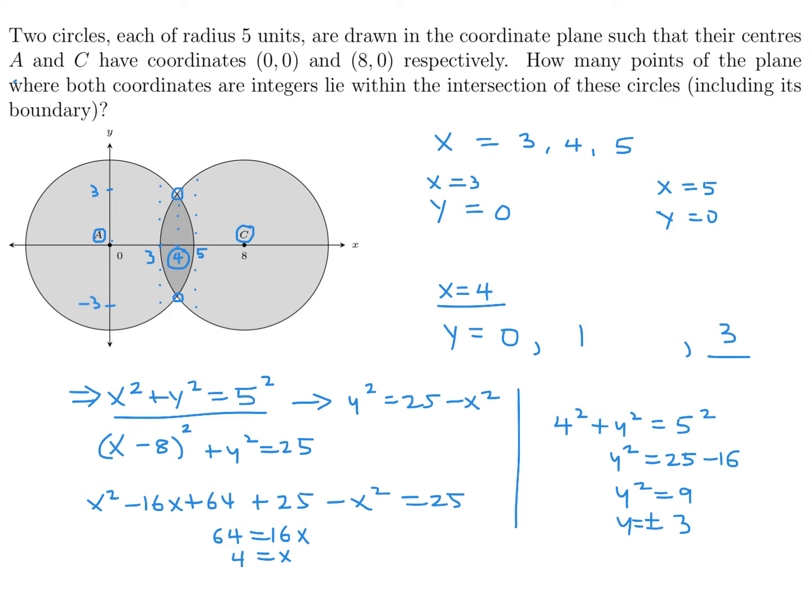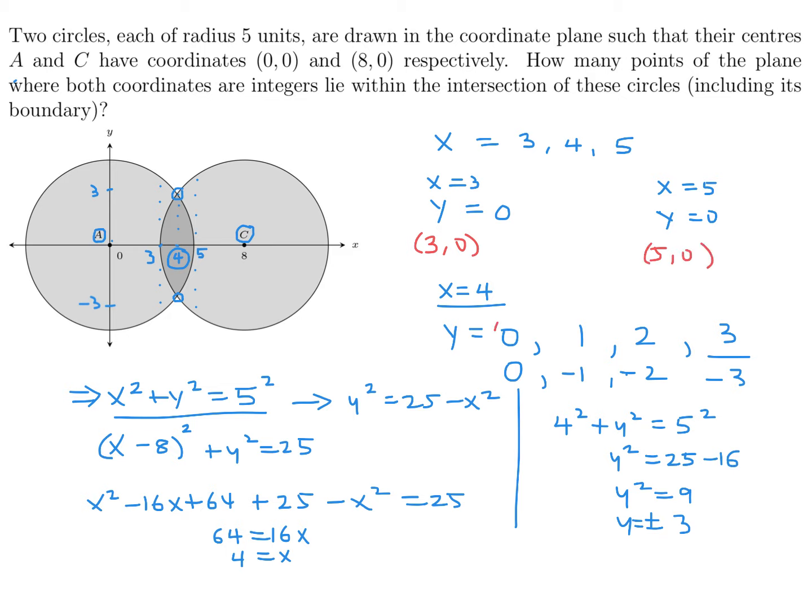So the integers between 0 and 3 obviously are 1 and 2. The integers between 0 and minus 3 are minus 1 and minus 2. So those are the points we have. Let's write them all out to make sure we make a complete list. (3, 0), (5, 0).